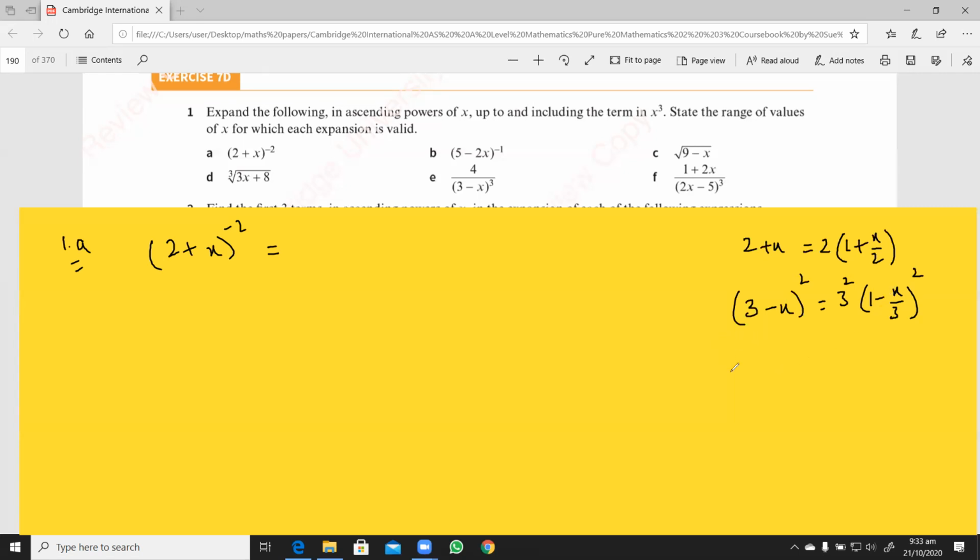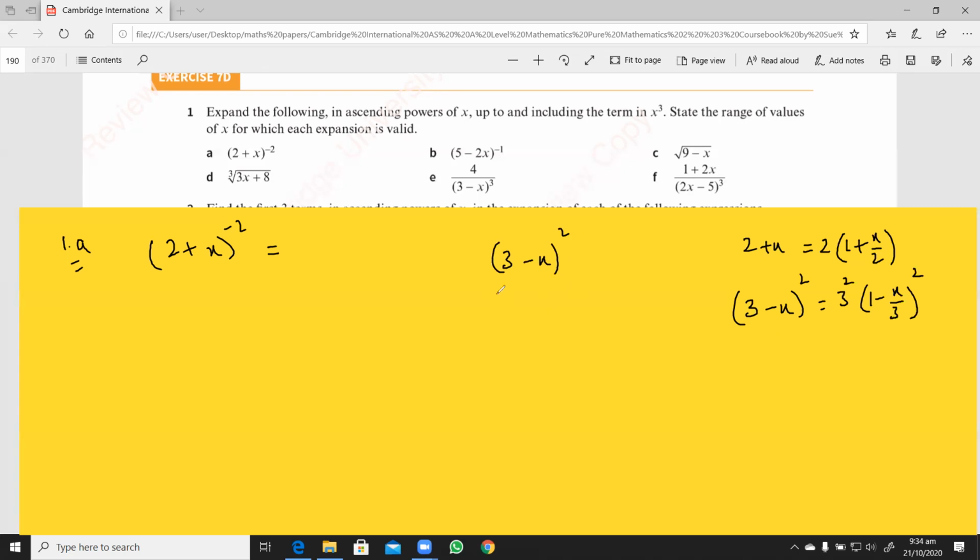Now suppose you have, yes, beta? Okay, let me tell you why this is 3 squared. Now, beta, look at this. Just 3 minus x whole square.